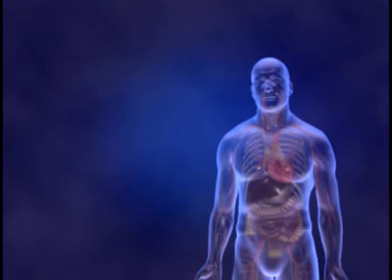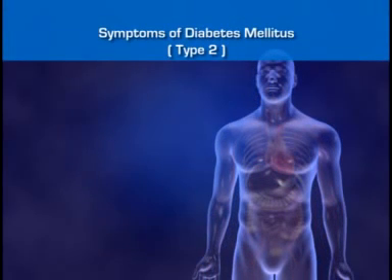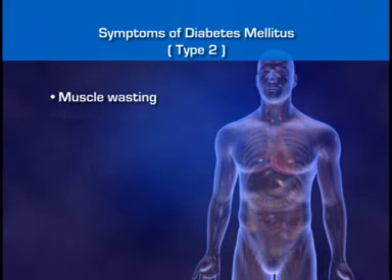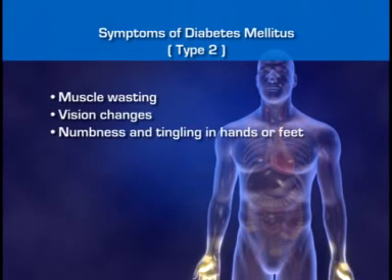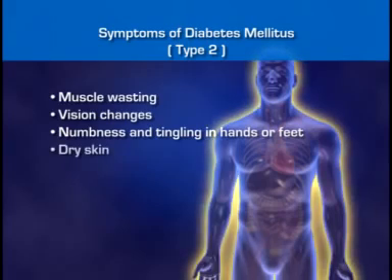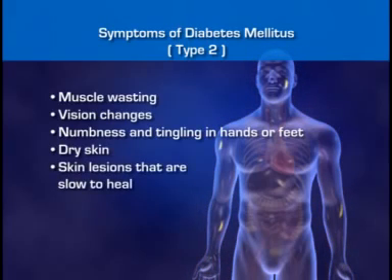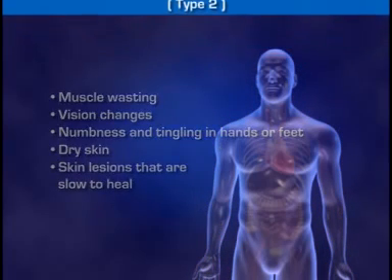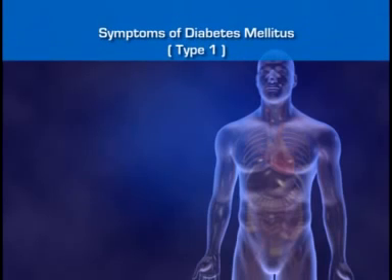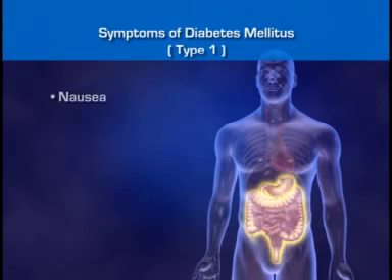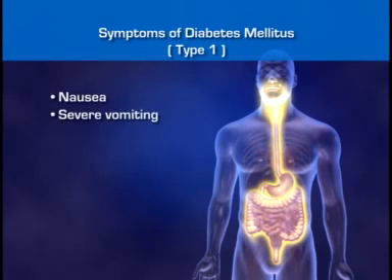Type 2 diabetics may also present with other nonspecific symptoms, including muscle wasting, vision changes such as blurring, numbness and tingling in hands or feet, dry skin, and skin lesions that are slow to heal. Type 1 patients may also experience nausea, severe vomiting, or abdominal pains.